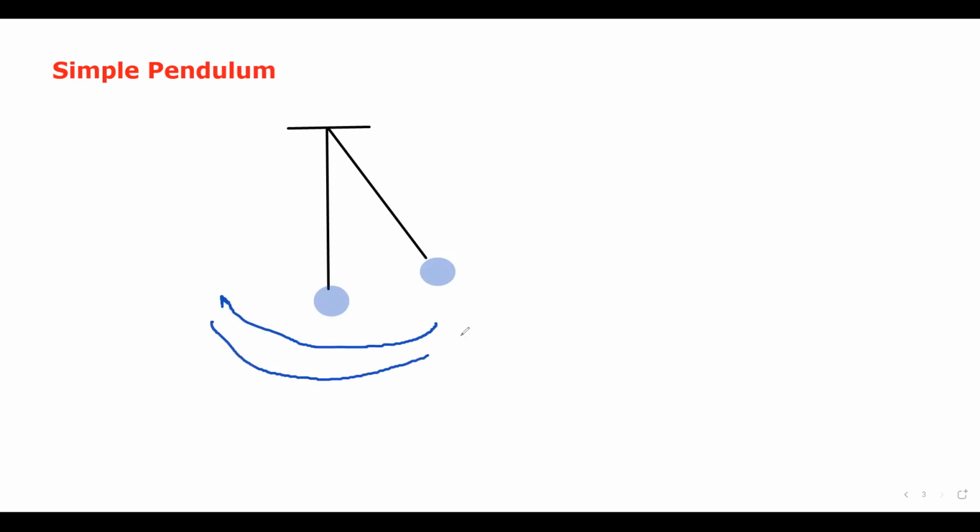Say a mass is attached with a string or a wire, and we displace this to a new position, and as a result, when we release it from the extreme position, it will move and then return back.